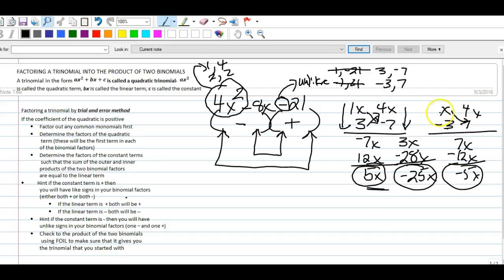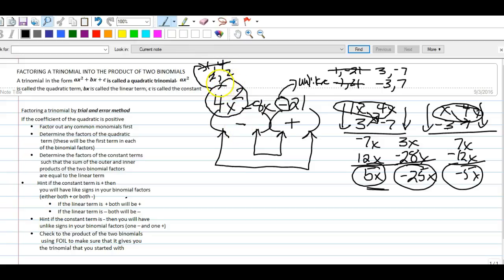And if I paired the other two, it would give me a plus 25x. So I was looking for minus 8x, and neither one of these gave me what I was looking for. So obviously I chose the wrong factors for the coefficient of my quadratic term.